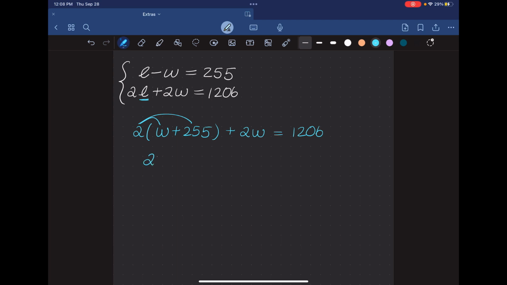I get 2W plus 510 plus 2W is equal to 1,206. I can combine like terms and get 4W plus 510 is equal to 1,206. I can subtract 510 from both sides of the equation.